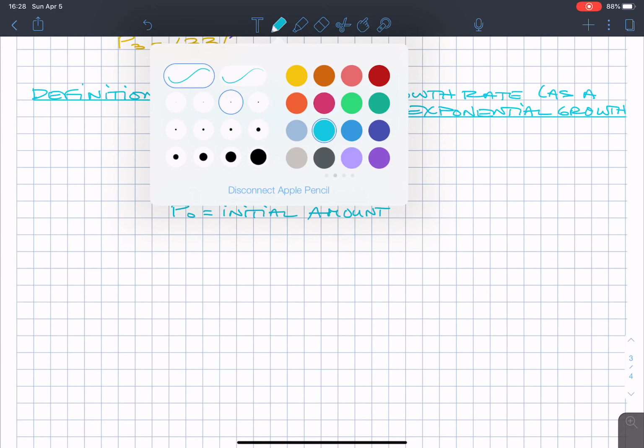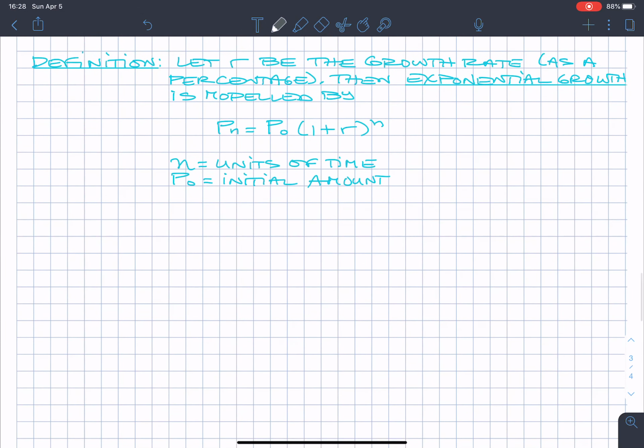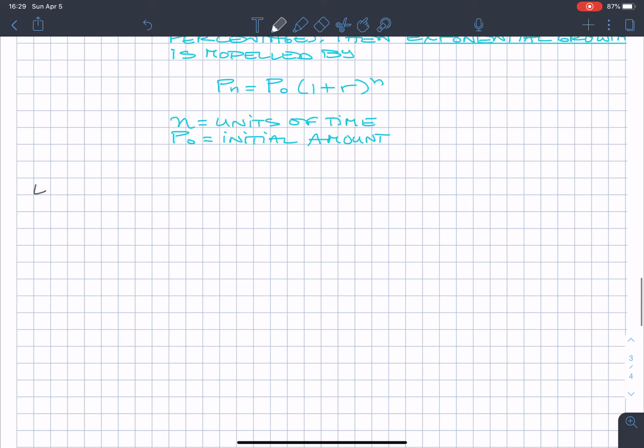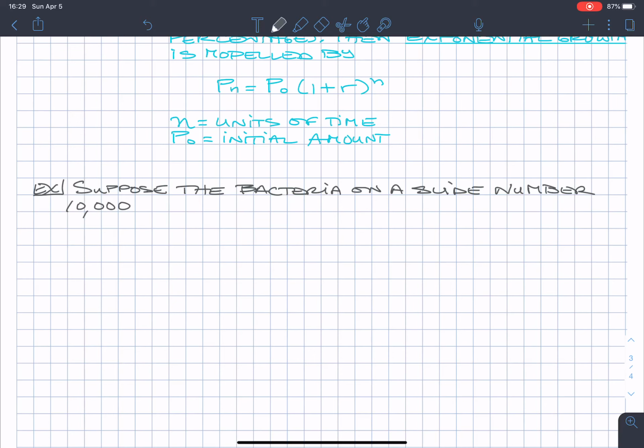Okay, so for example, suppose the bacteria on a slide number 10,000, so that's going to be my initial amount.